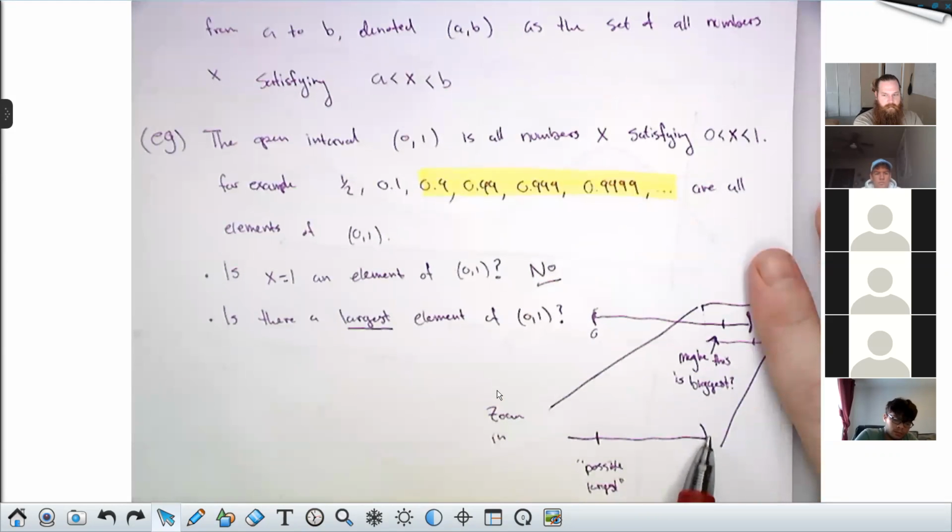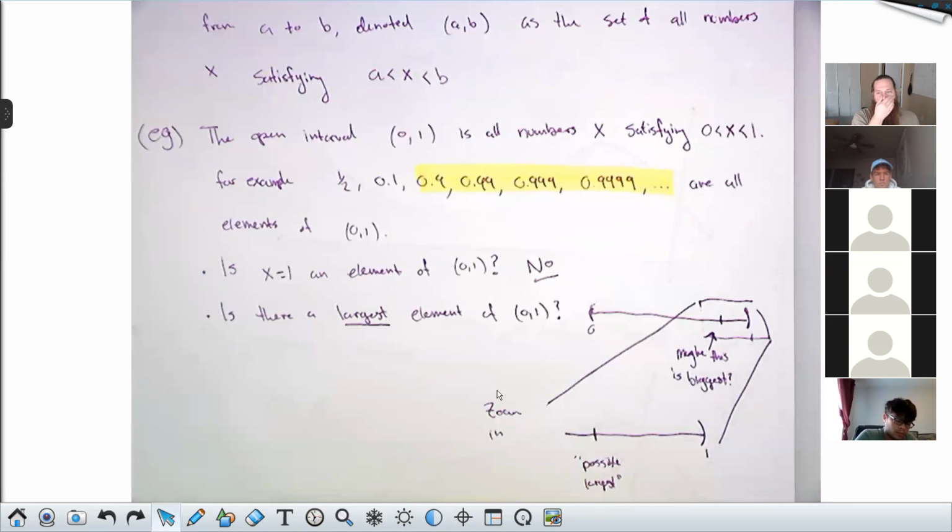Just in this little gap here, there's another infinity of numbers, because between any two numbers on the real line, there's infinitely many more. So indeed, there is no largest element.